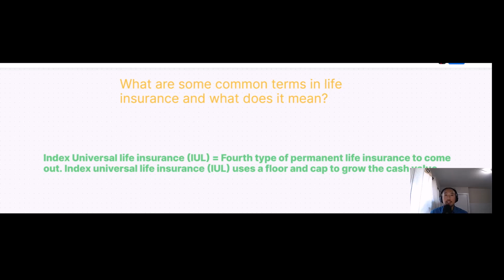And remember guys, your money is not actually invested in a market, but it just uses an index to credit your rate of return. In a VUL, your money is actually in a mutual fund, but in an IUL, or index universal life insurance, your money just mirrors an index and is not actually in the market like the VUL.